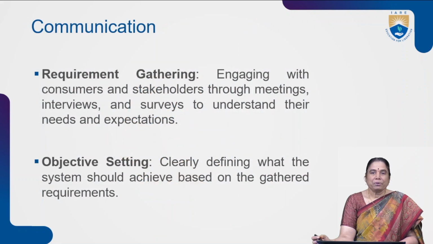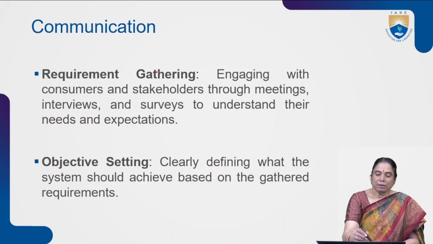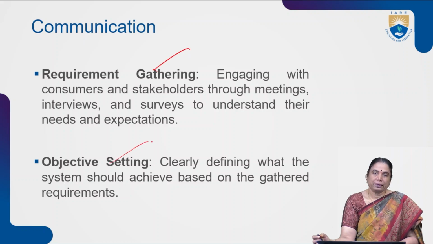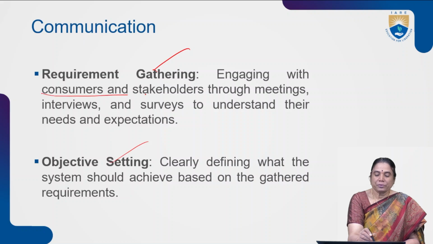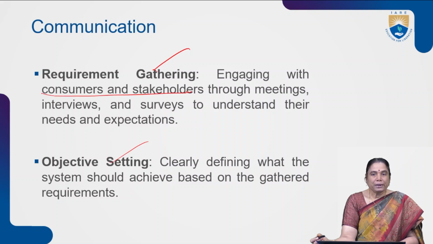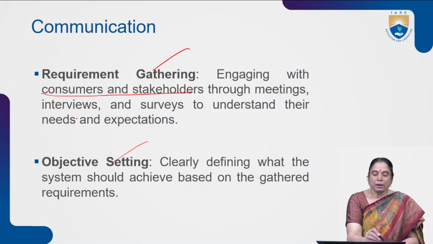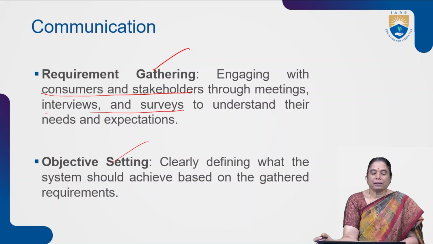The first activity is the communication activity, which involves majorly two tasks. One is requirement gathering, the second is objective setting. In requirement gathering, engaging with the consumers and stakeholders through meetings, interviews, and surveys to understand their needs and expectations.